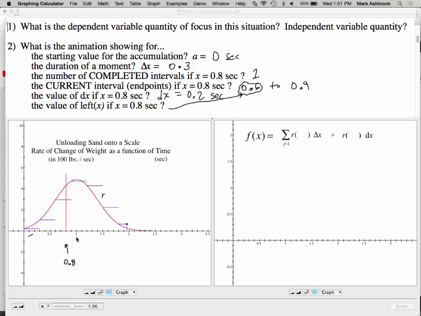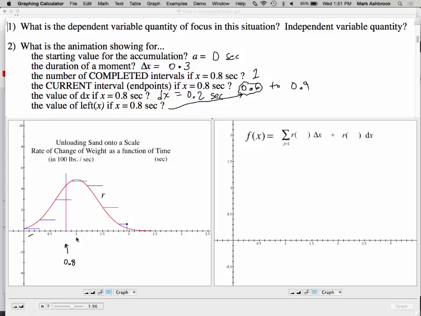Why is it important? For the rate function. So it has to do with the rate function that we're building. Why is left x important? Yeah. That value of left x is the x value for the rate of change function on the interval. We're going to use the actual rate at the left side of the interval to be the constant rate for the whole interval.